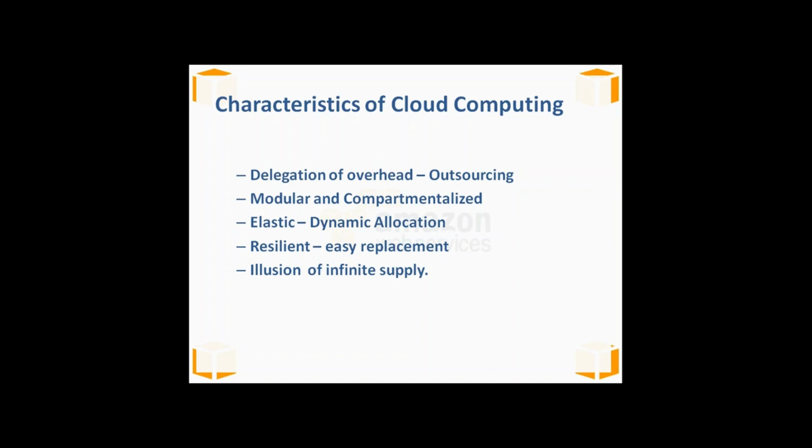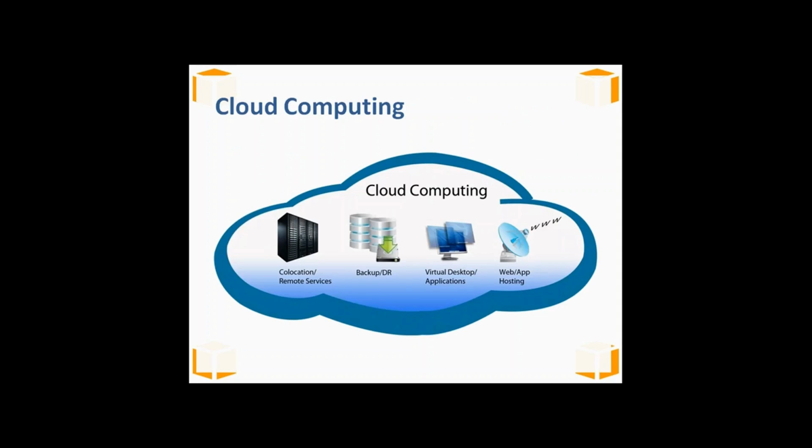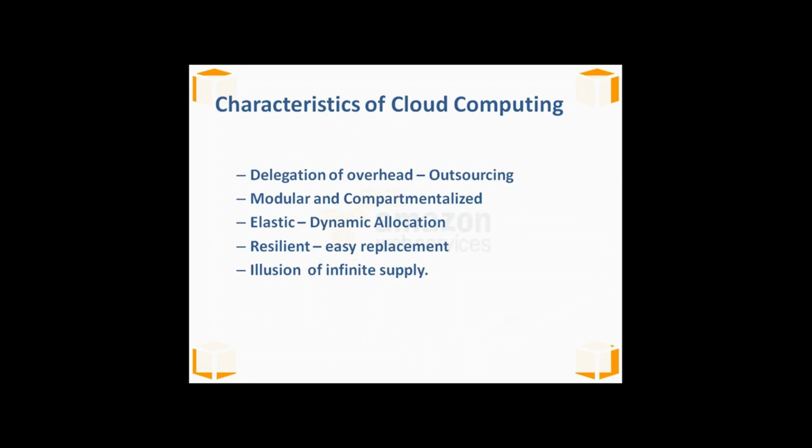For example, let me go back to that picture. We see that there are four things here, but you can add as many things as possible into this particular cloud computing. Suppose you want to insert one more data center or remote services, you can go ahead and add it to the cloud. That is what we say to be modular.